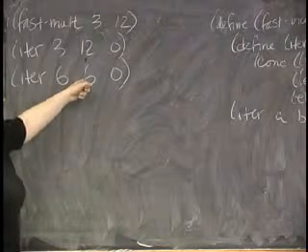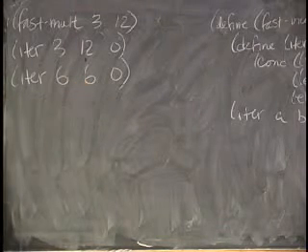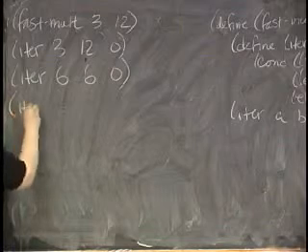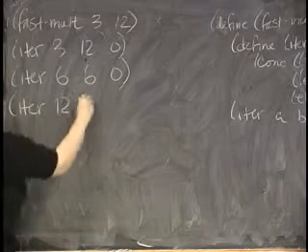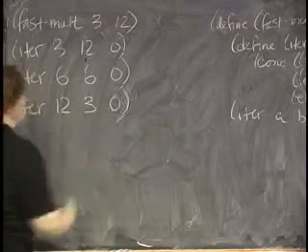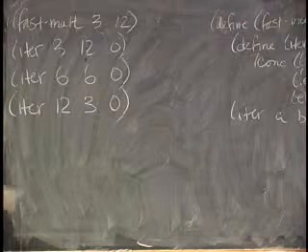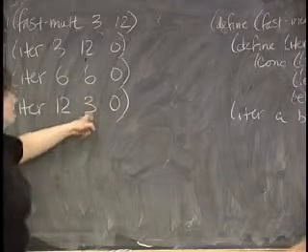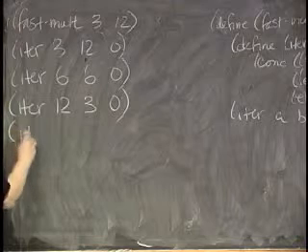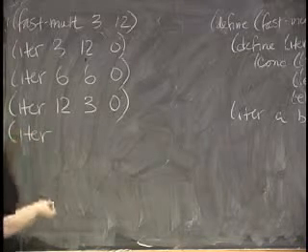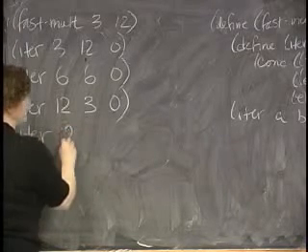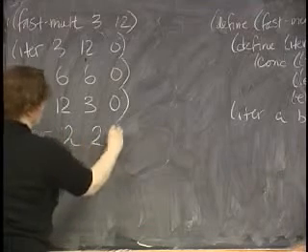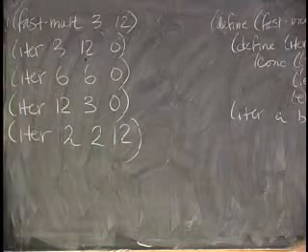Is this 0? No. Is it even? Iter double A, half B, pass result. Come in. B is not 0. B is not even. So we call iter on A, B minus 1, A plus the result.